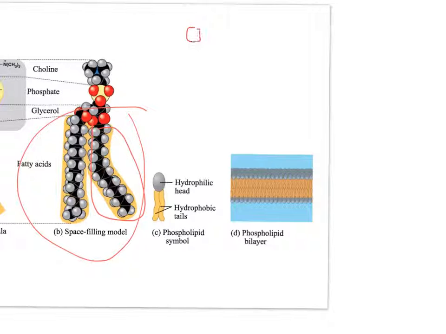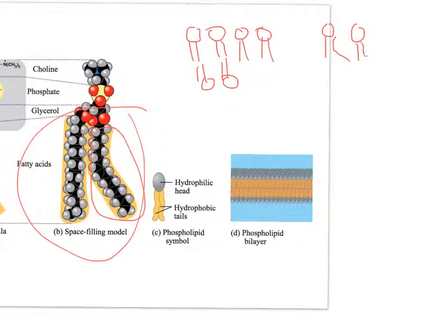If I have phospholipids with straight tails, okay, I can pack them in pretty tight, right? But if I have phospholipids with bent tails, I cannot pack them in as tightly. Okay? This is important because it allows for membranes to remain fluid.